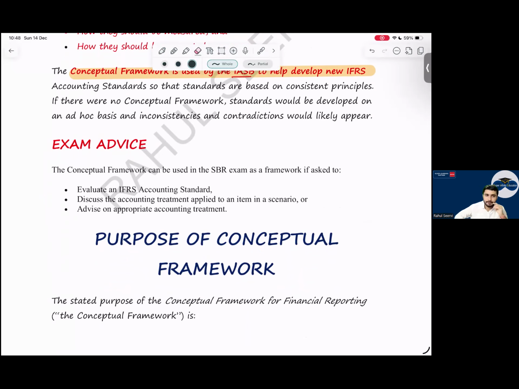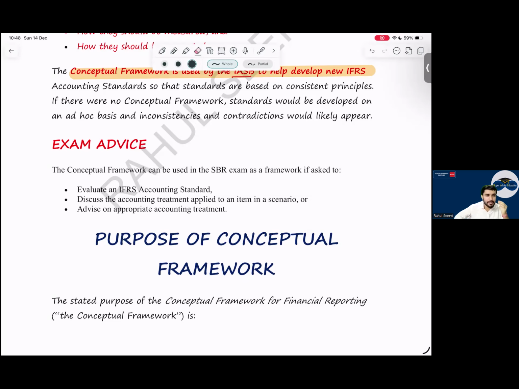Nothing other than this. First one, we have to compare whether the IFRS standard is compatible with the conceptual framework or not. As I mentioned, make mistakes in the class, not in the exam. We can't afford that. It's not an Indian exam where you can just pay 1,000 rupees and give the next attempt.